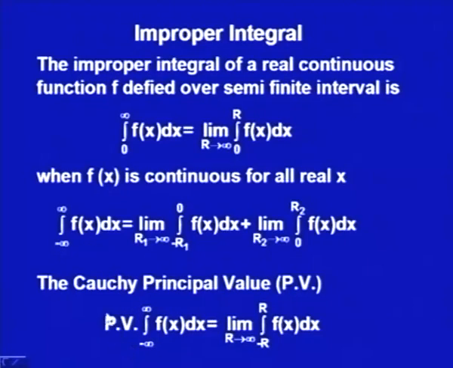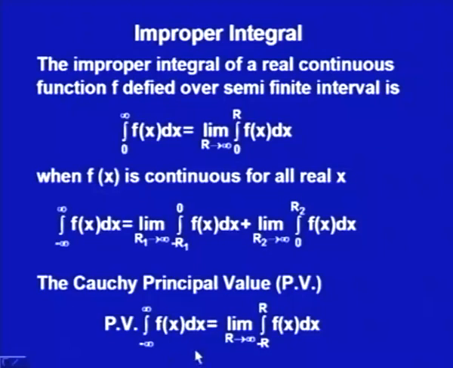In other words, if this integral is convergent, then its value is nothing but the Cauchy principal value. What it says is that rather than calculating these two limits, we calculate only this single limit, where we integrate from minus r to plus r of f(x) dx.